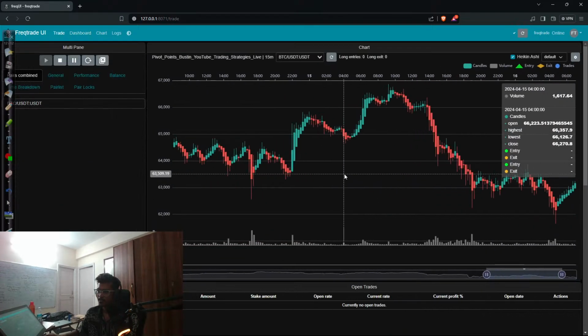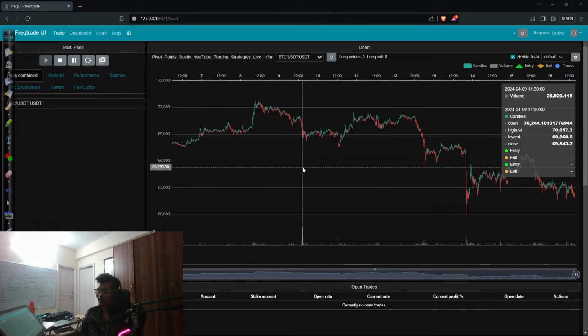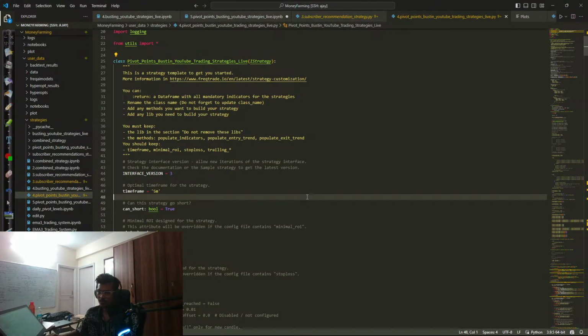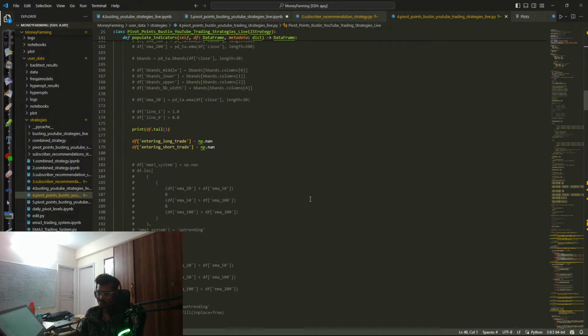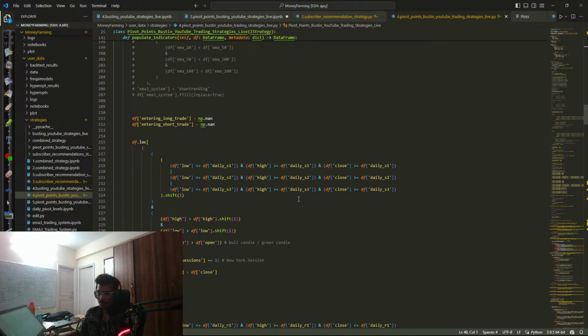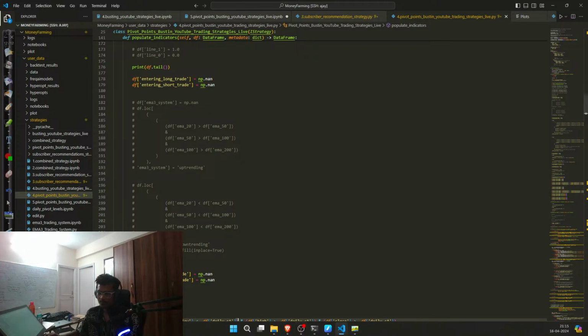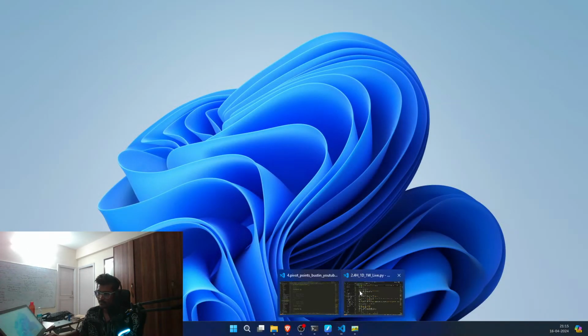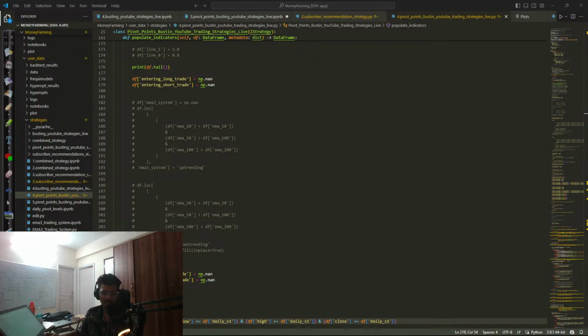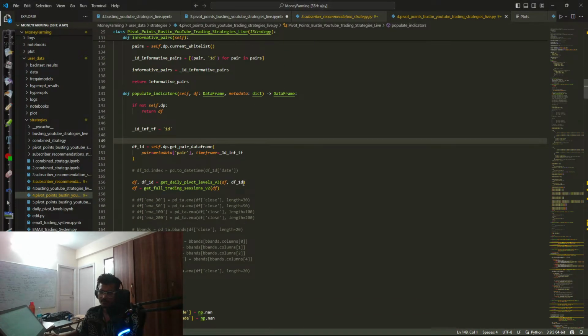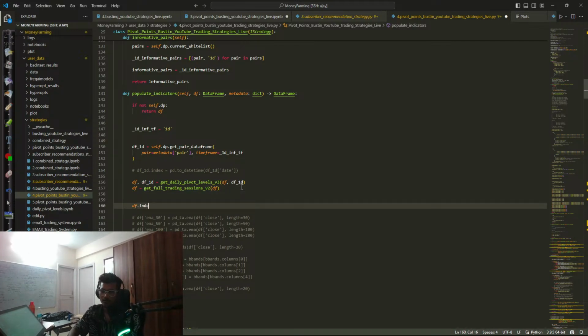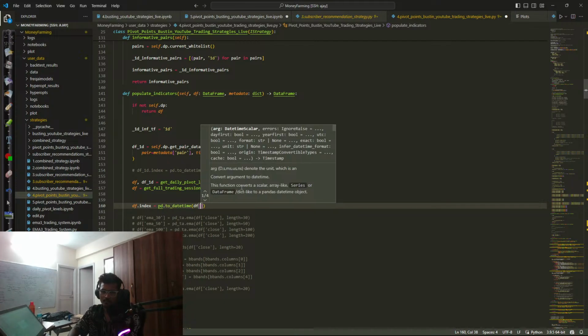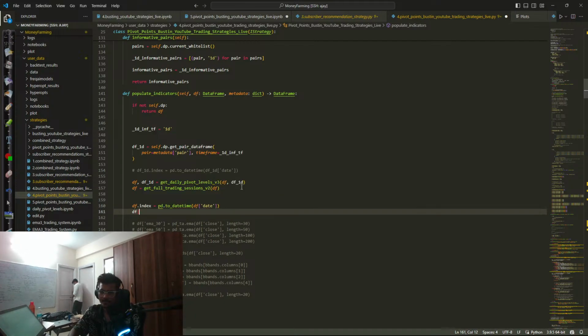This is really surprising. Okay, I think we have to set the signal. Okay, let me see. What is the problem here? So df.index equals pd.to_datetime, df.date, and let's make a copy of the date.